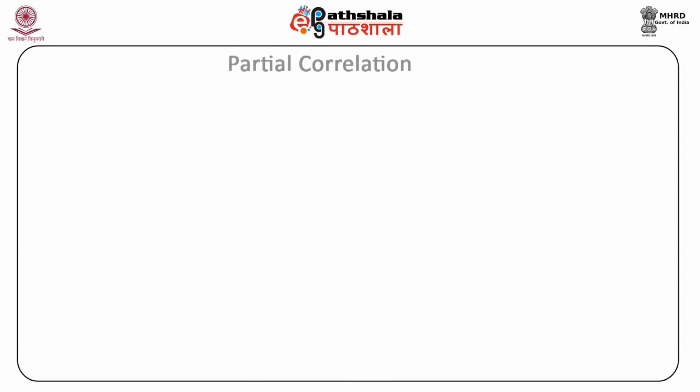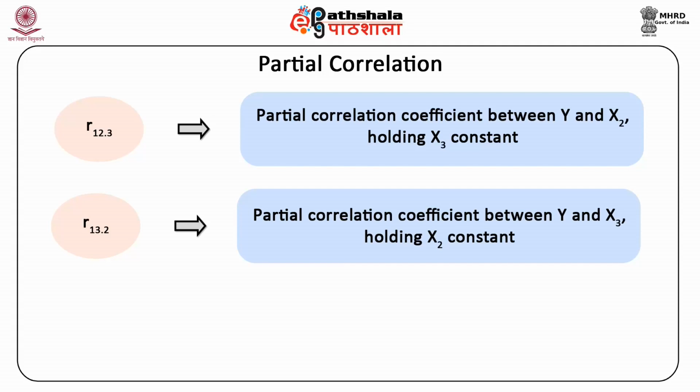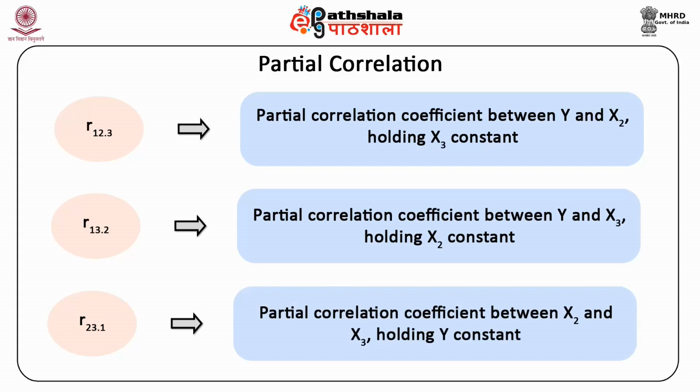Suppose we have three variables y, x2 and x3, then we define R12.3 as the partial correlation coefficient between y and x2 holding x3 constant, R13.2 as the partial correlation coefficient between y and x3 holding x2 constant, and R23.1 as the partial correlation coefficient between x2 and x3 holding y constant.